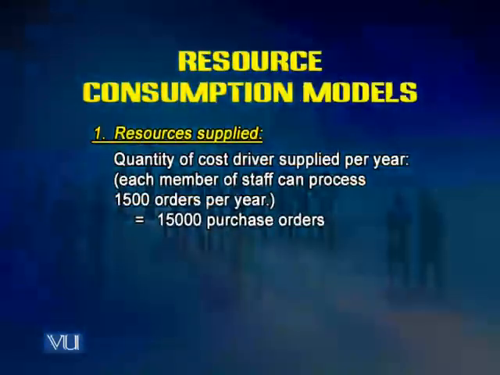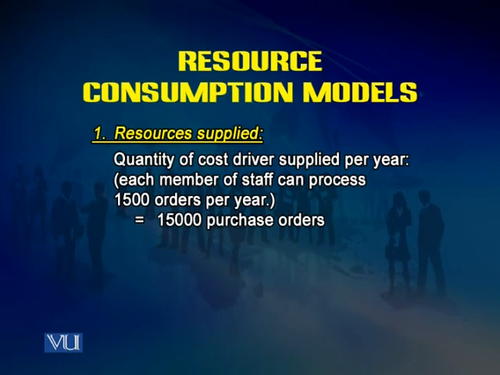So we take this example. We have a company. They have 10 full-time employees. And the total cost of the 10 employees is 300,000. We are using as a cost driver the purchase orders being processed. Quantity of cost drivers supplied per year: each staff member can process 1,500 orders per year.